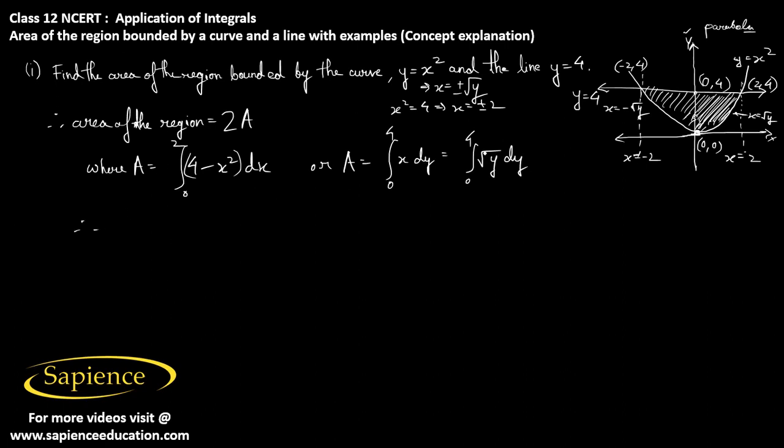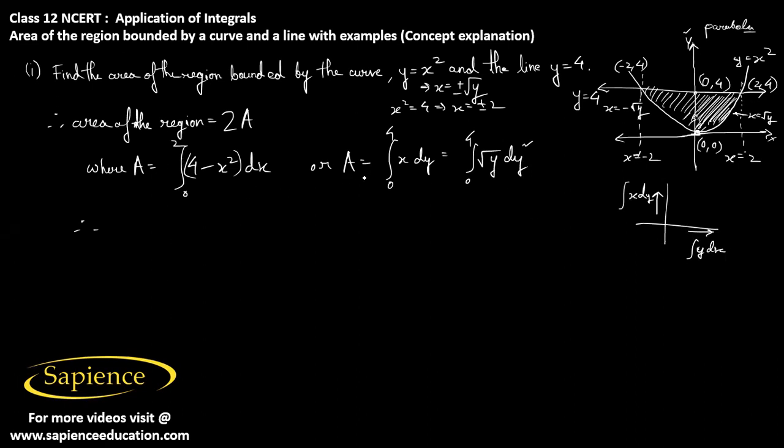So here actually we are integrating along the y-axis. The rule is that if we integrate along the y-axis, then the answer will be the integral of x dy, and if we integrate along the x-axis, then the integral should be the integral of y dx.